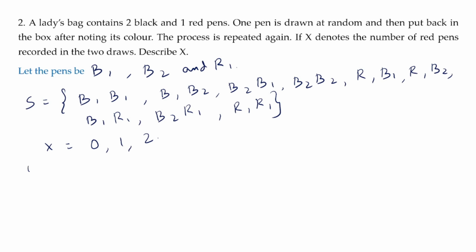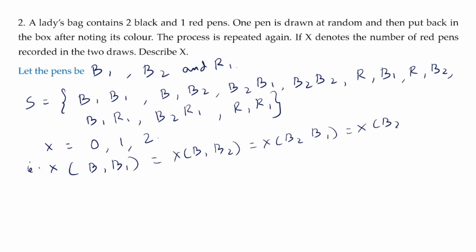That is X of B1 B1, X of B1 B2, X of B2 B1 and X of B2 B2. In all these cases, the value which X takes is equal to 0.